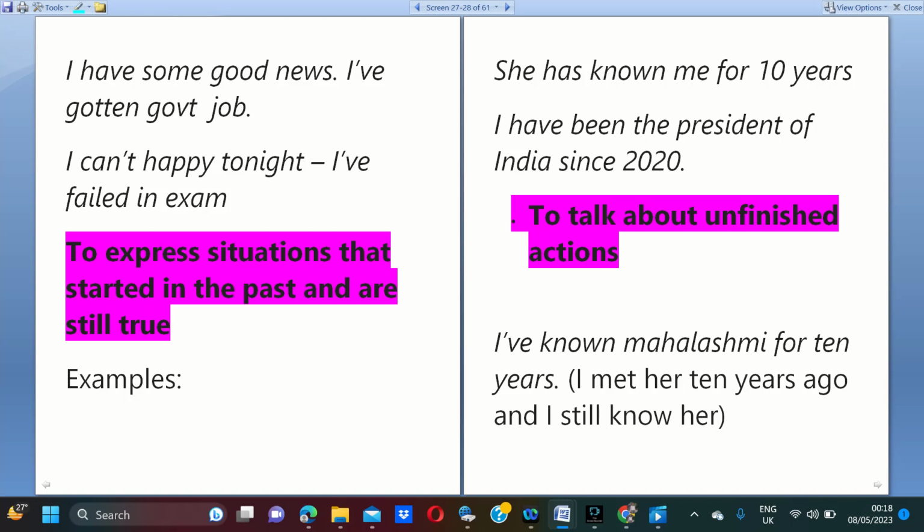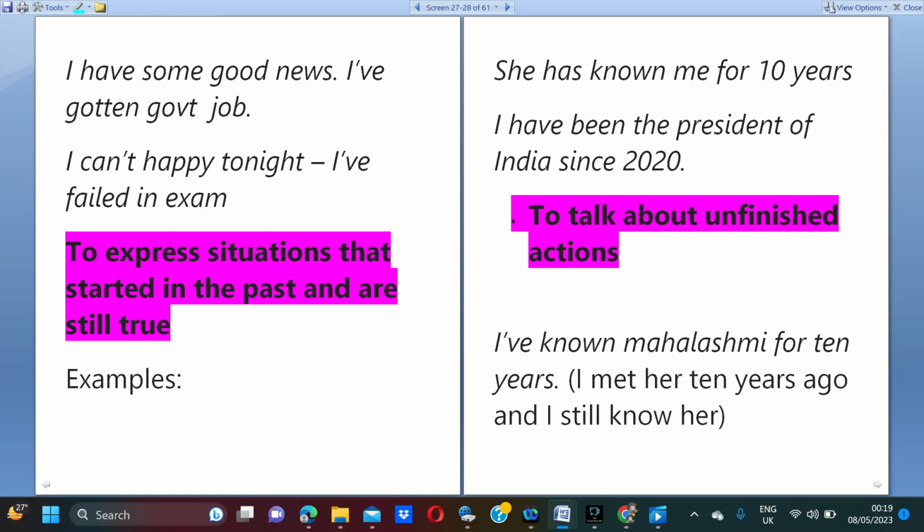Next, to express situations that started in the past and are still true. See here also few situations that I told you earlier. Present perfect talks about actions which begin in the past and continued in the present, or finished in the present mode. Example, she has known me for 10 years.